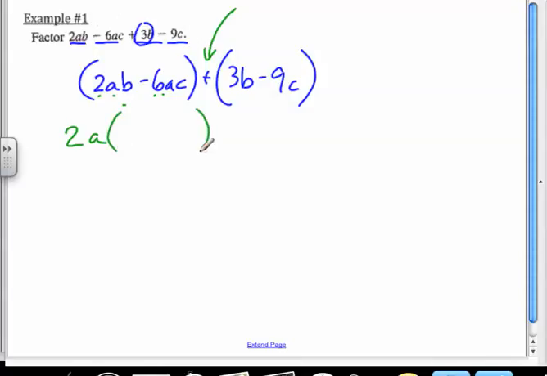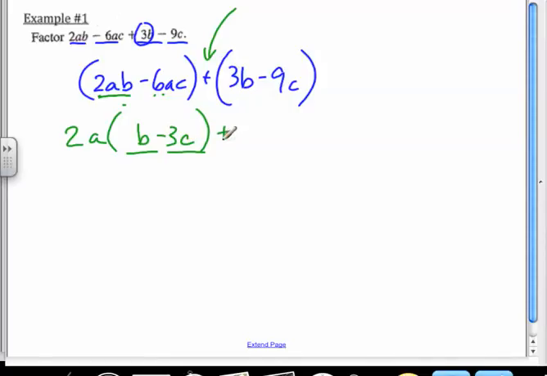Now what I want to ask myself is, what do I multiply 2a by? What goes here to get 2ab? Well, 2a times b gives me 2ab. 2a times minus 3c gives me minus 6ac. Now that's the way we want to look at that.